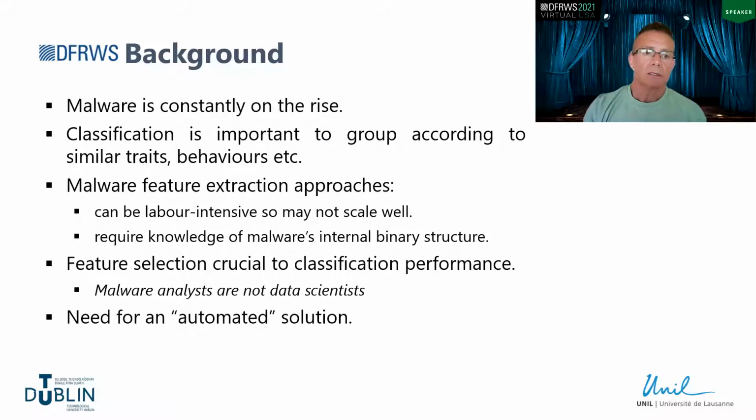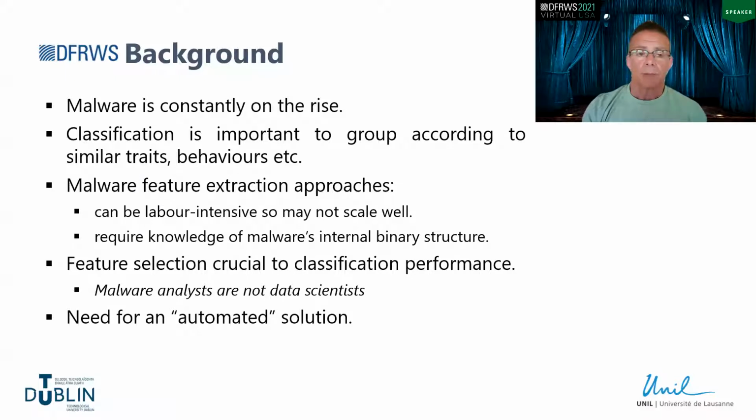Generally, these feature extraction approaches are quite labor intensive. They can be invasive, so for example, using reverse engineering or disassembly. And so may not scale well to large data sets. Additionally, they require knowledge of the malware's internal binary structure, because we need to know the internal binary structure in order to know where that interesting information is.